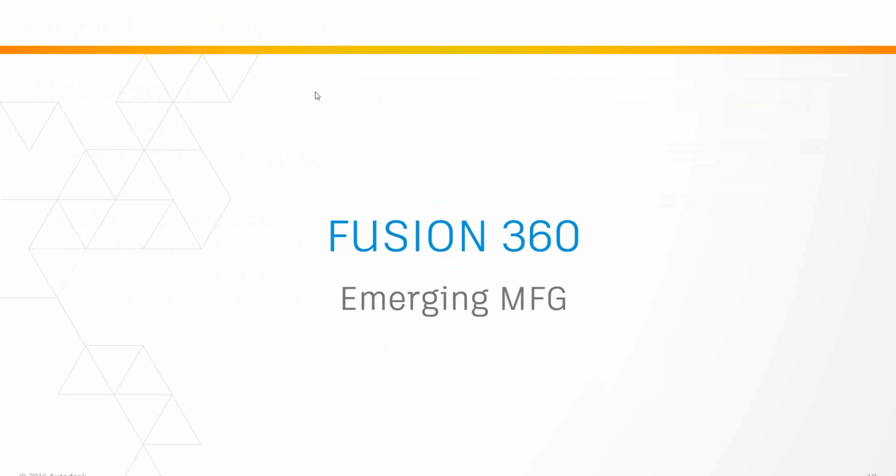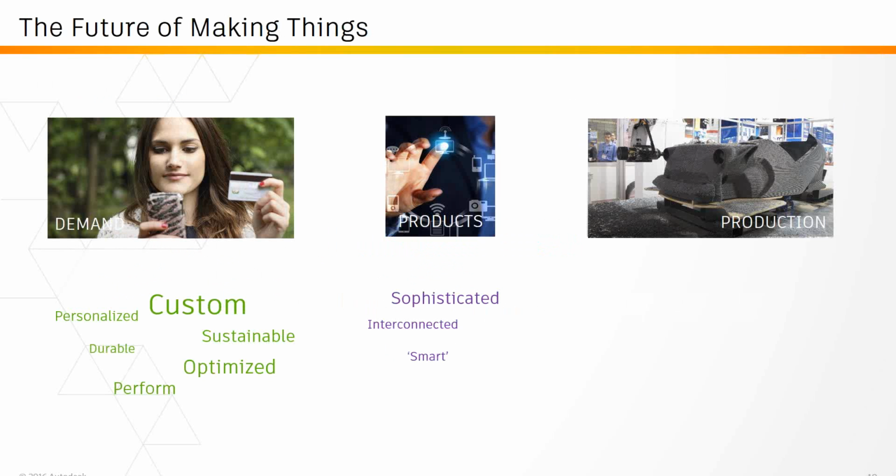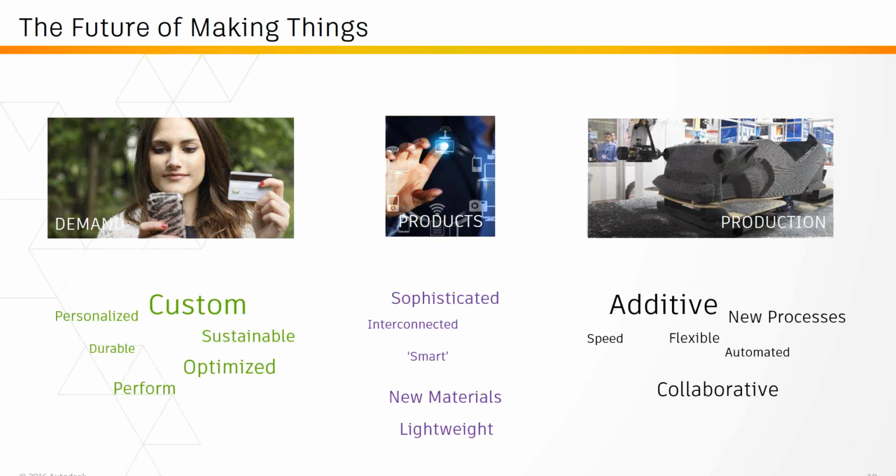Okay. And moving on to the next platform, Fusion 360. I will be focusing more on the simulation capabilities here, but keep in mind that Fusion 360 is a fully integrated engineering platform.